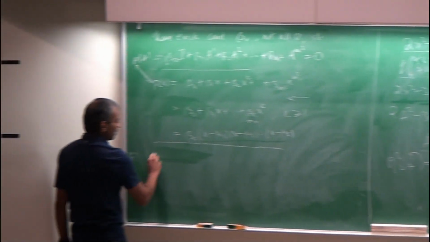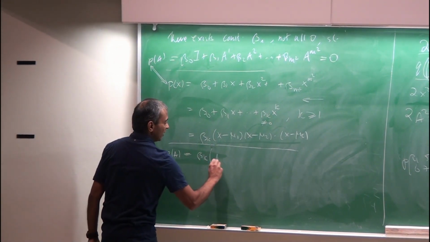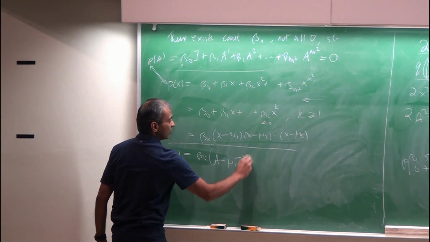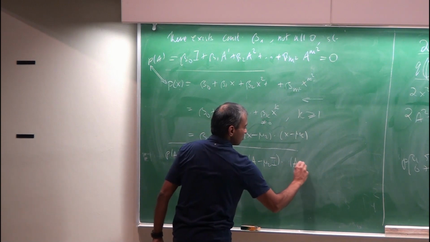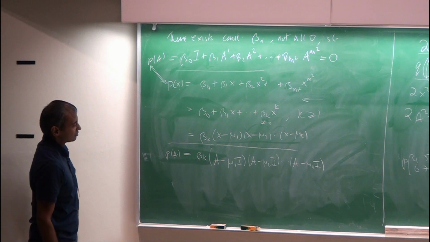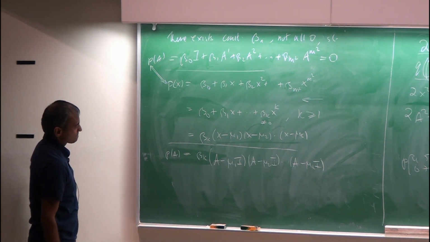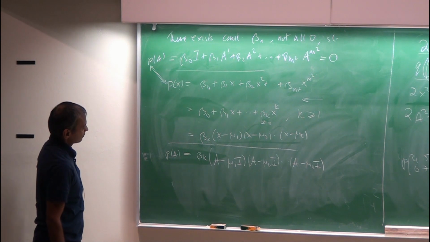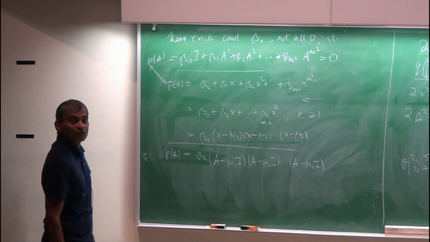So therefore, if I write P of A, I'm allowed to stick the A wherever I see the X. I get A minus mu1 I, A minus mu2 I, dot dot dot, A minus mu k I, like that. So far, so good?